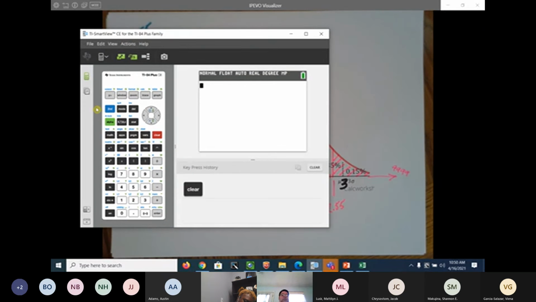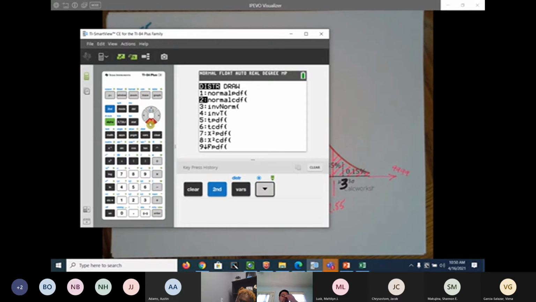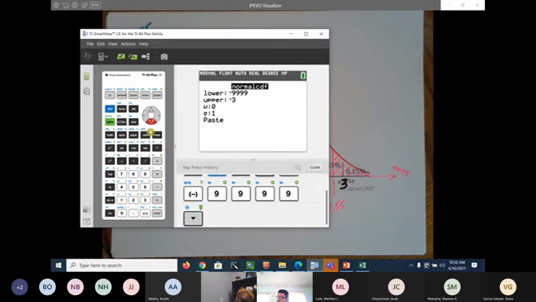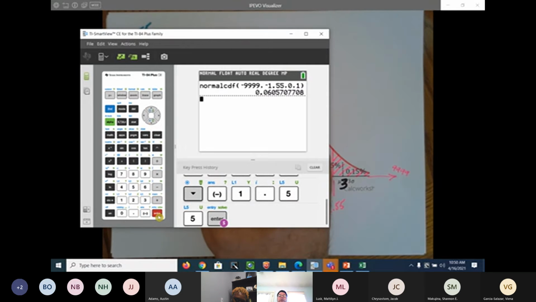Okay, so second bars, normal CDF, negative 9999 to negative 1.55. I got 0.0606.